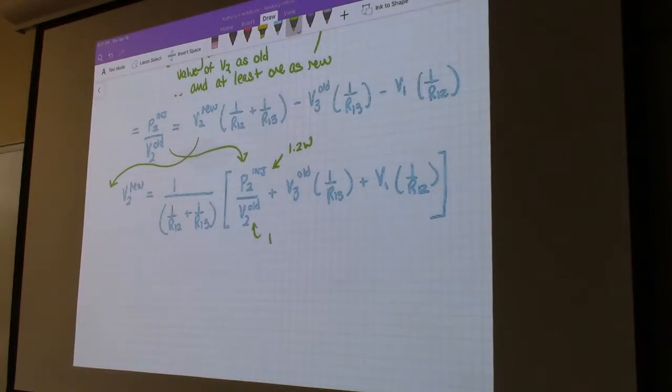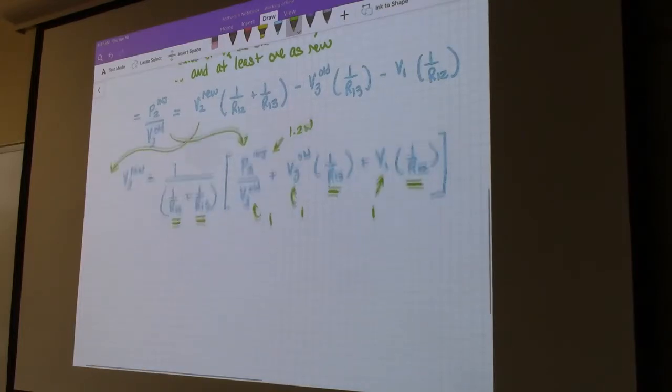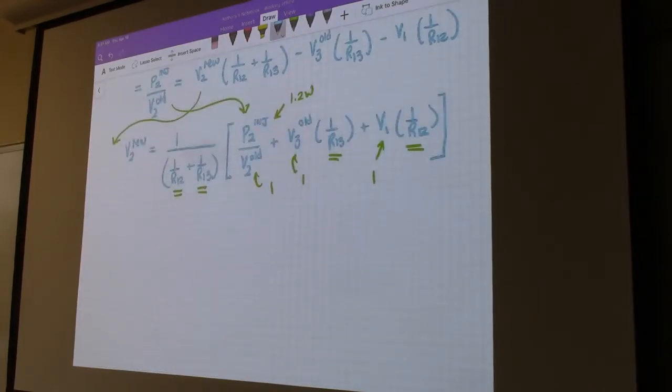This will be 1. This will be 1. This is 1. And the other resistances are also known, right? So we're taking a whole bunch of either known or assumed to be known values, and we're plugging those in, and we end up with a value of 1.13.